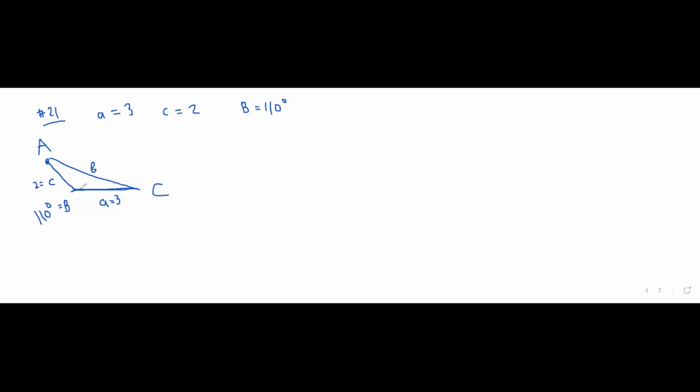So it looks like we're going to have to utilize the law of cosines. So I'm going to go for, let's say, side B, because when you have three sides, you can either use sines or cosines, it's up to you.